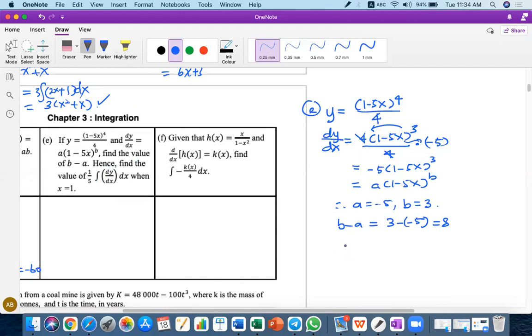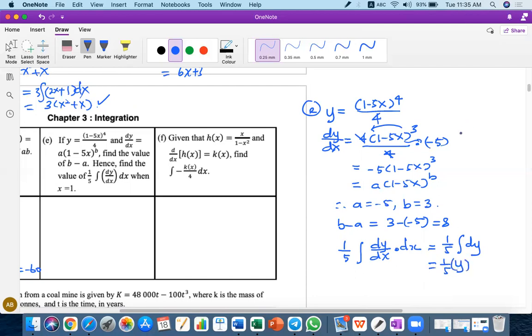Hence find the value of 1/5 of the integral of dy/dx dx. So it's 1/5 of y.